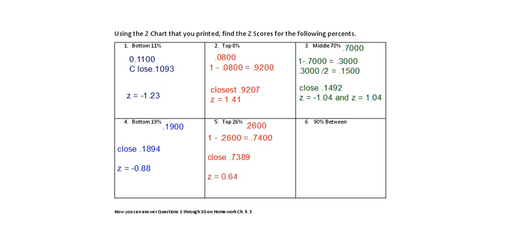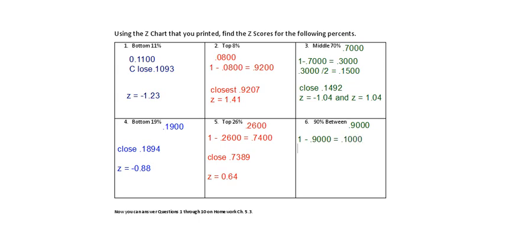All right, 90% between. Between and middle are the exact same thing. So 90% is the same as 0.9000. Between and middle means subtract from 1, then divide by 2. So 1 minus 0.9000 is 0.1000.